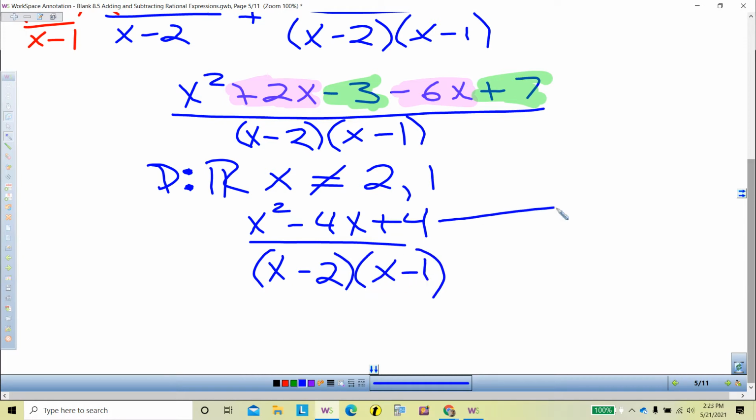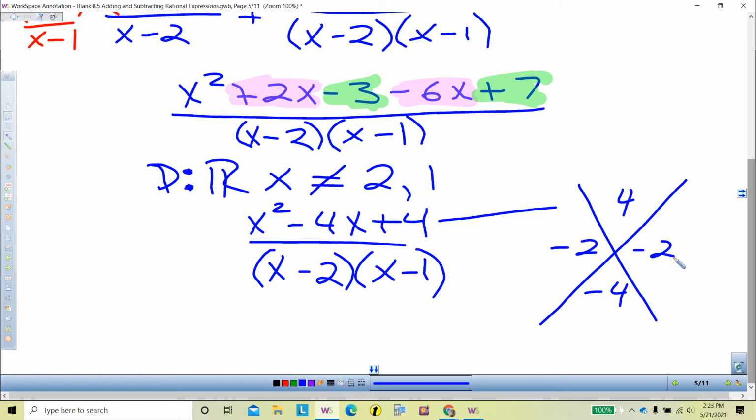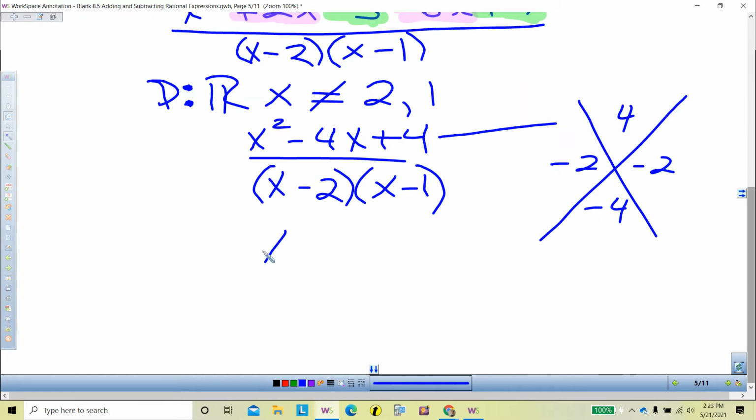So again, with the numerator, if you need to do the cross, it's always fine to do that. I think it's good visually to see. And then what goes on the side? Negative 2 and negative 2. Excellent. And then just x minus 2's up top.